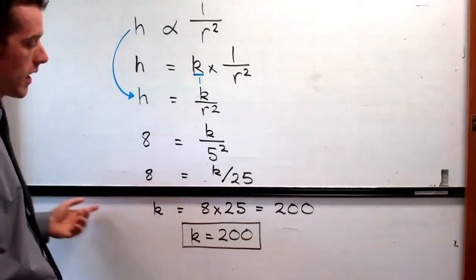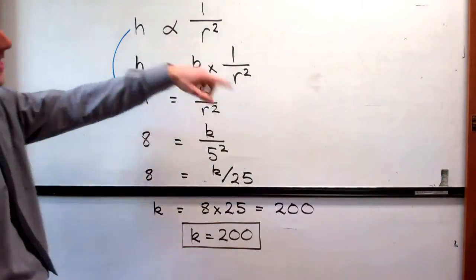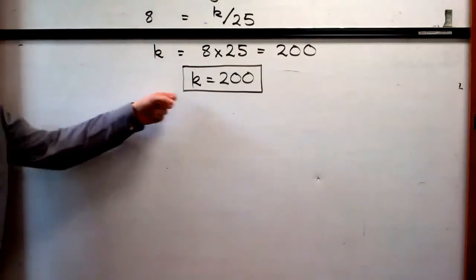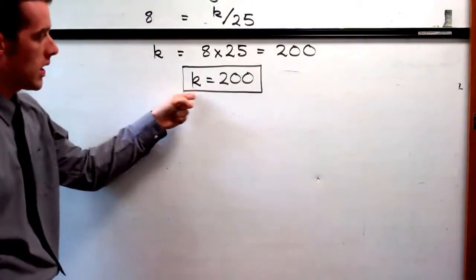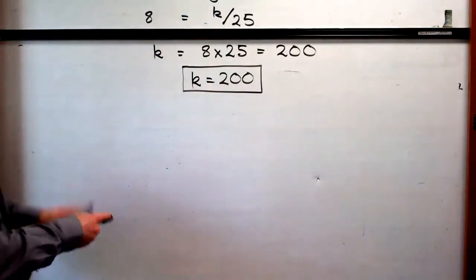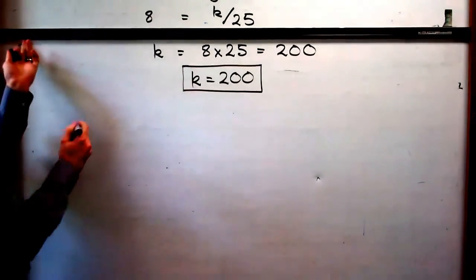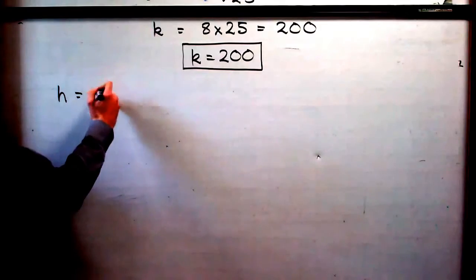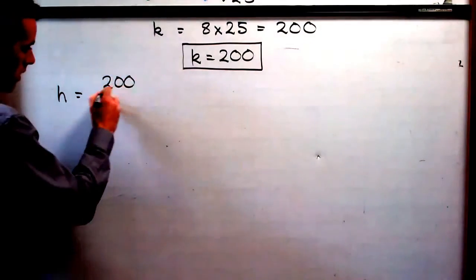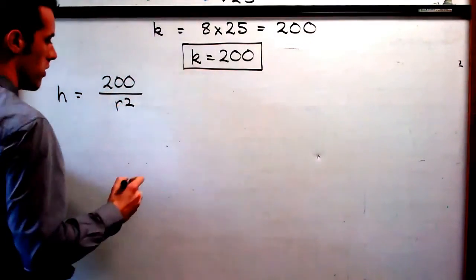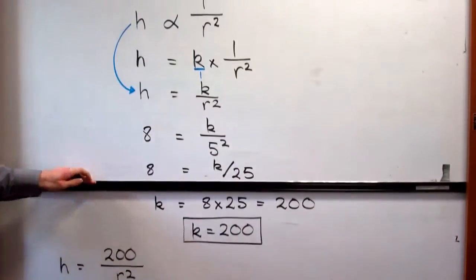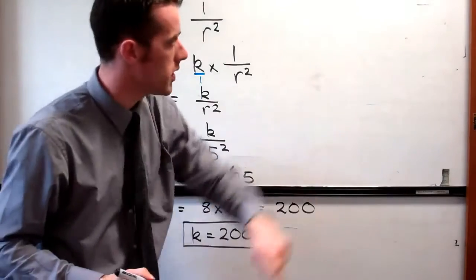Okay? And next we're going to see how we take this on and find the height of the cone with radius 2 centimetres. So I've got my value for k, so that's k equals 200, and I can go back to my original relationship, and now I can see that h, the height of the cone, equals 200 over the square of the radius r. Alright, and I was asked, if we look back here, to find the height of the cone with radius 2 centimetres.